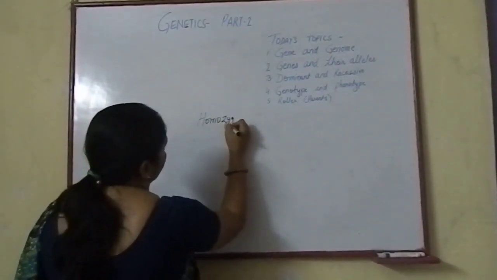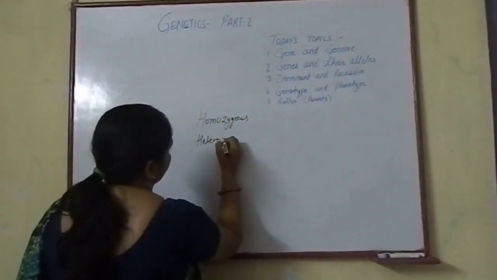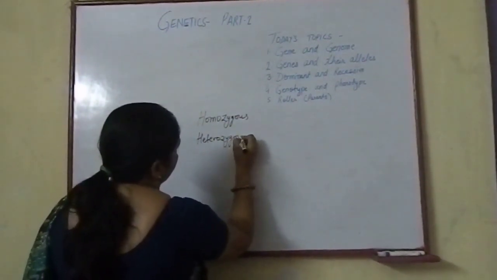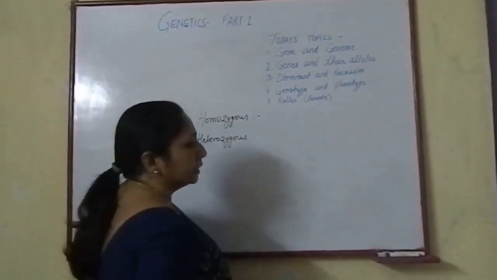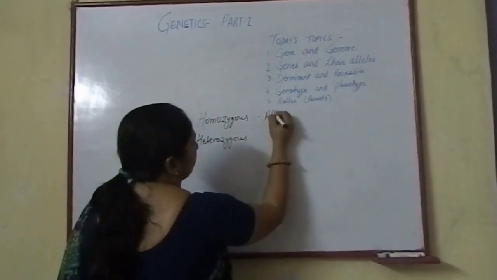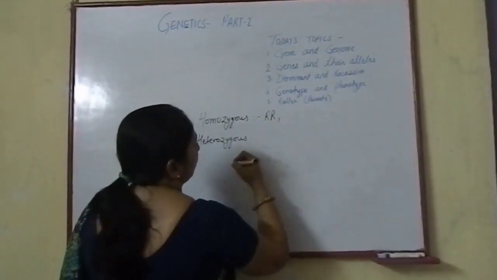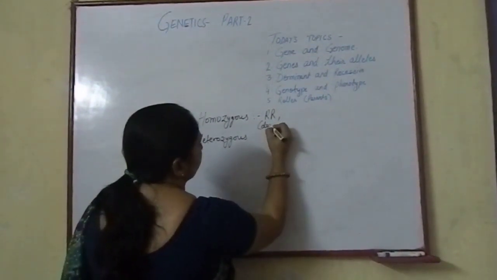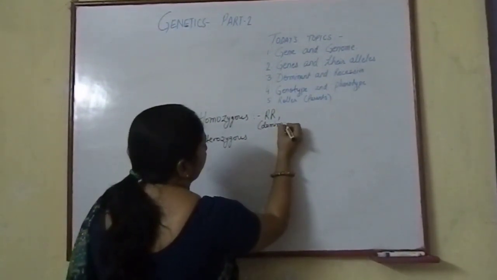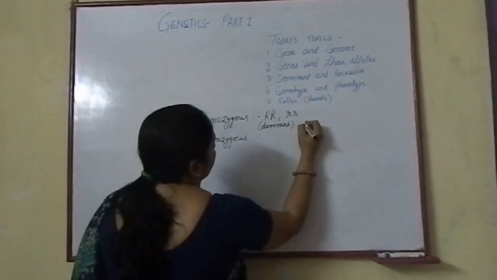Homozygous and heterozygous condition. If the character is true for its allele, it is represented by capital R for the dominant, while small r for recessive.